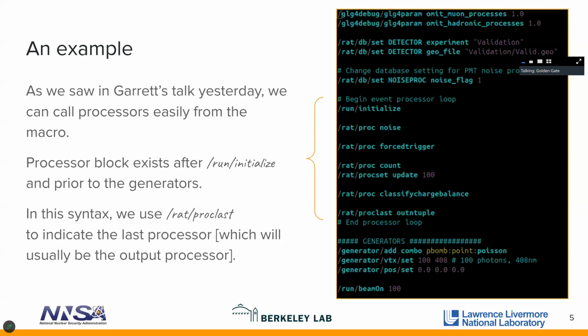These processors run in the order specified in the macro. The final processor is specified by the proc last command, although you don't need that command; you can use rat proc as well. Typically, the last processor is the one that writes out the data. Here, that processor is called outntuple. Again, as we mentioned several times, we're going to be talking a lot about that tomorrow.